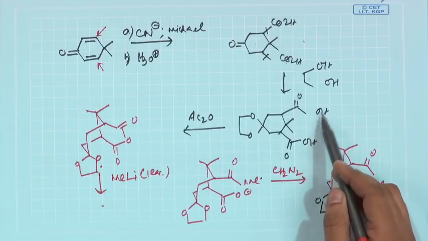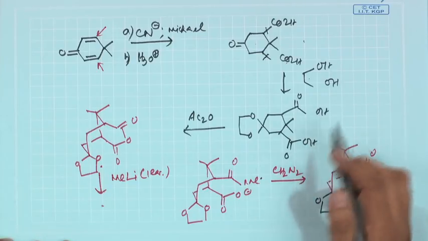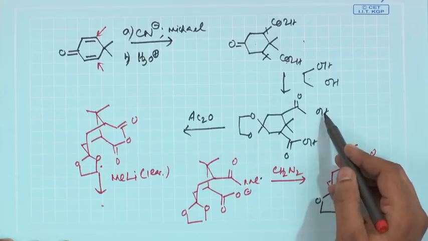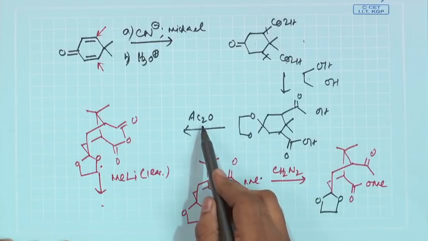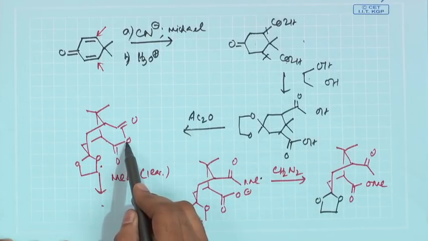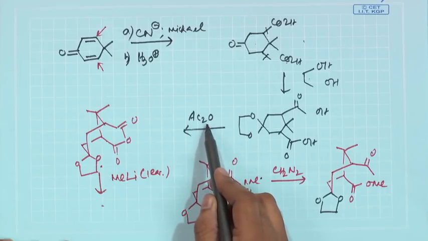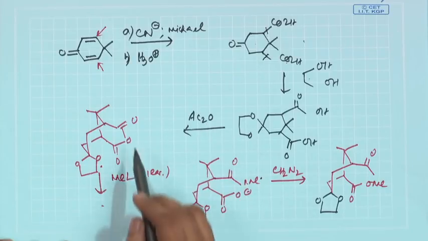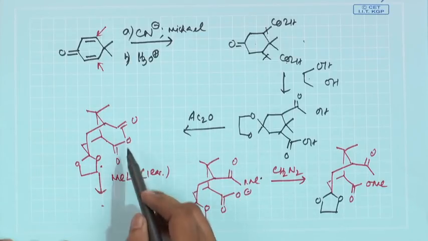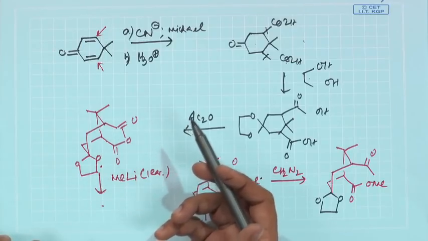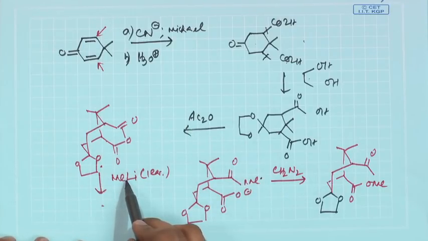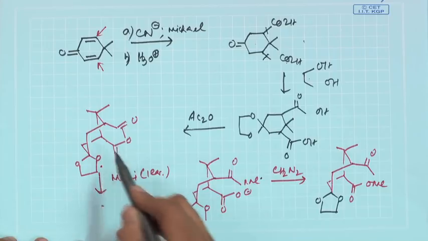Once you have this dicarboxylic acid, it can be easily cyclized to give you the cyclic anhydride when refluxing with acetic anhydride. Now, anhydrides are basically like esters. So, we react with methyl lithium, one equivalent, since it is symmetrical.